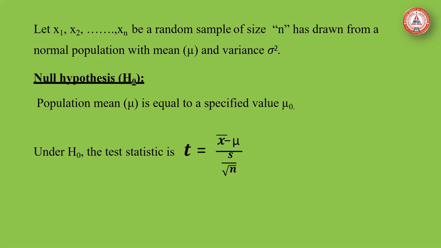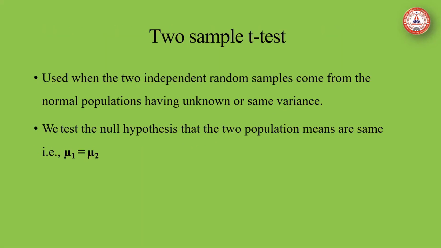Now, if we talk about two sample tests, used when two independent random samples come from a normal population. Two independent random samples come from a normal population having unknown or same variance.